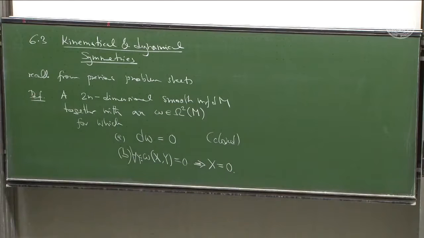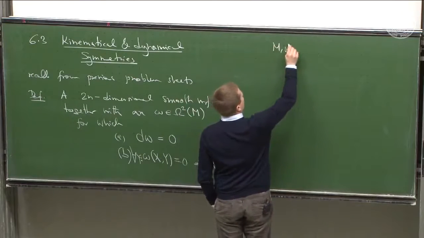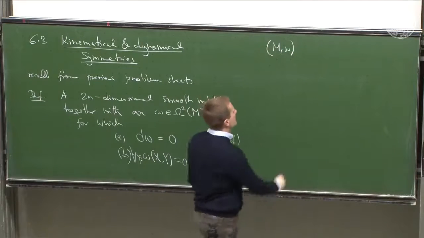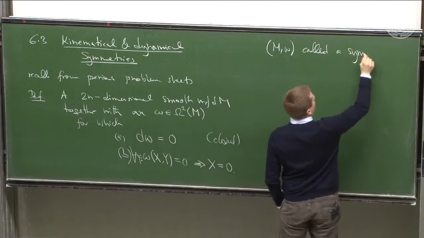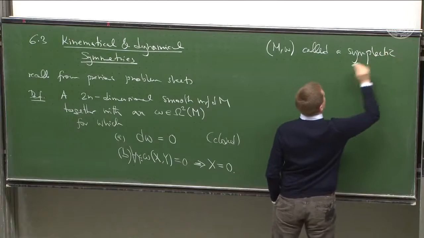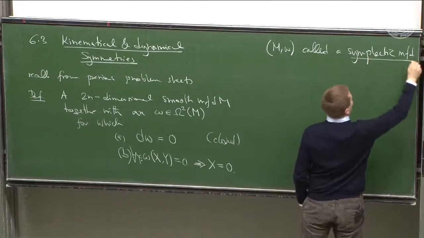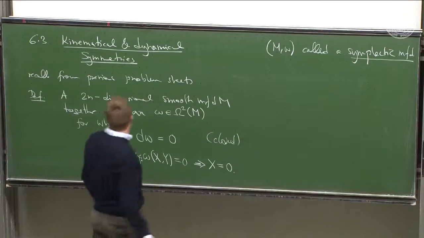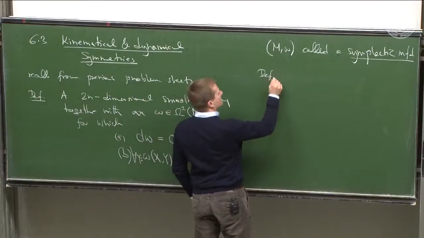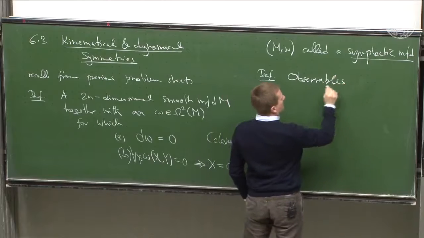That's a non-degeneracy condition. And such a pair, M with omega, satisfying these conditions, is called a symplectic manifold.